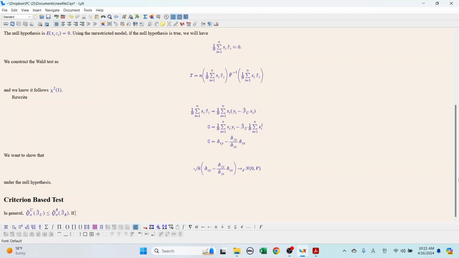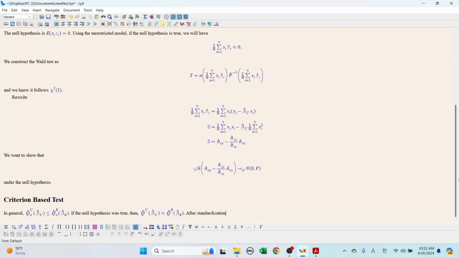But if the null hypothesis was true, then the unrestricted minimum will be similar to the restricted minimum. Okay, so we are going to test this. How to do it?